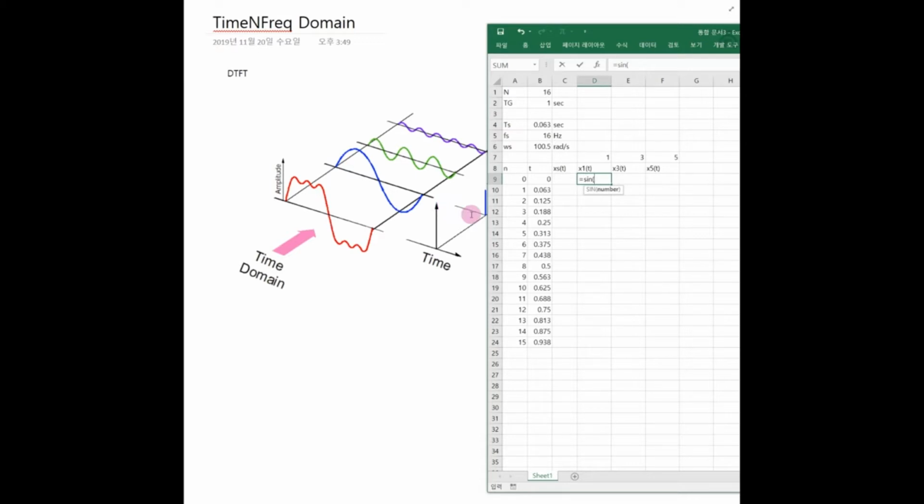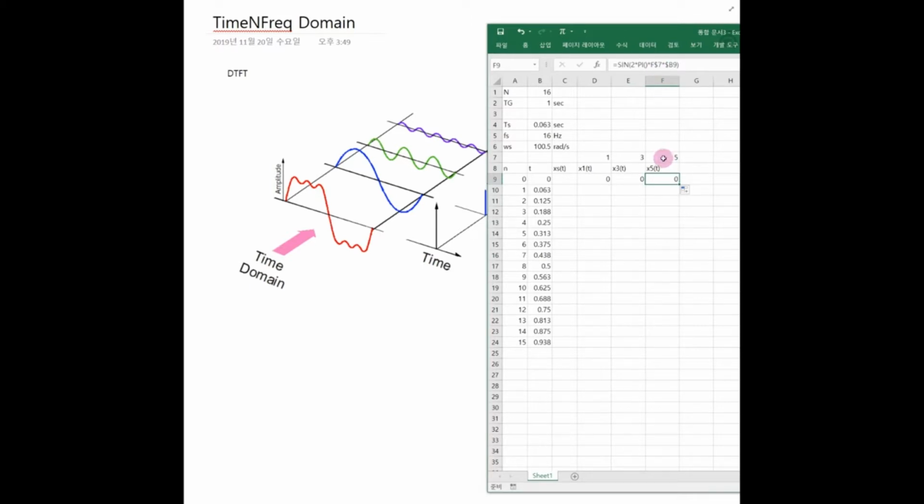The sine wave is 2 pi times frequency times time. The frequency should be pinned at this seventh position, and time is always in column B, so I make it constant. Then I can stretch it out this way. This one is frequency F7.